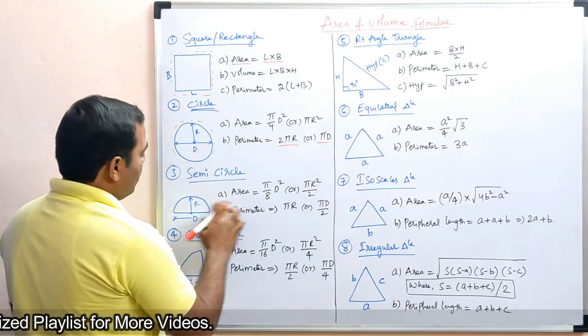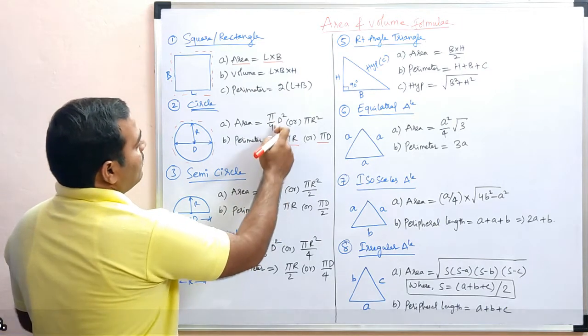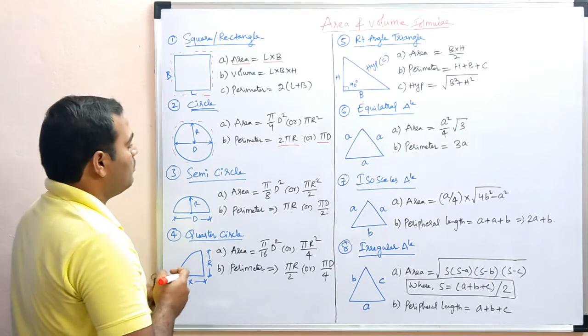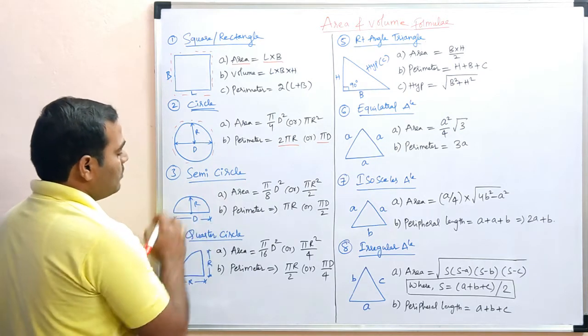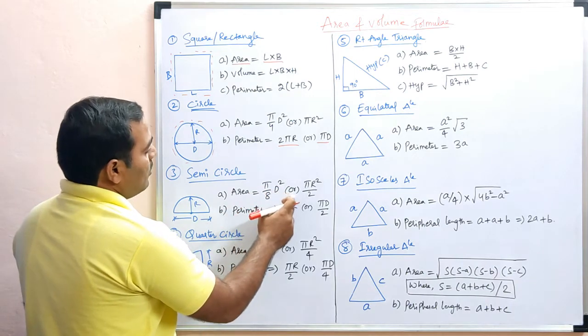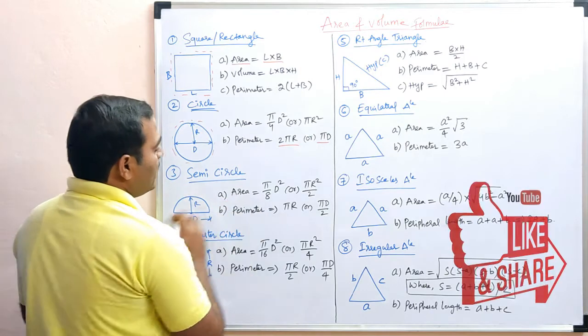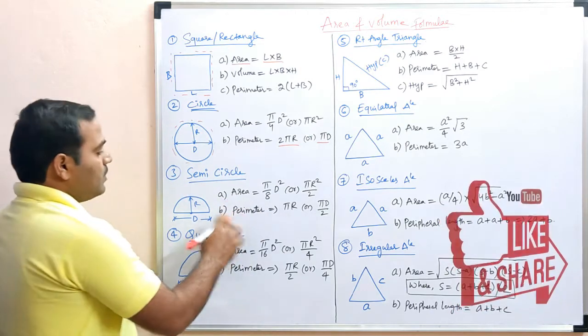Area of a semicircle is the same as this one, but we need to divide it by 2 because the circle is divided into 2 parts, so we will get pi by 8 d square or pi r square by 2. This is the formula for area. Next coming to the perimeter.